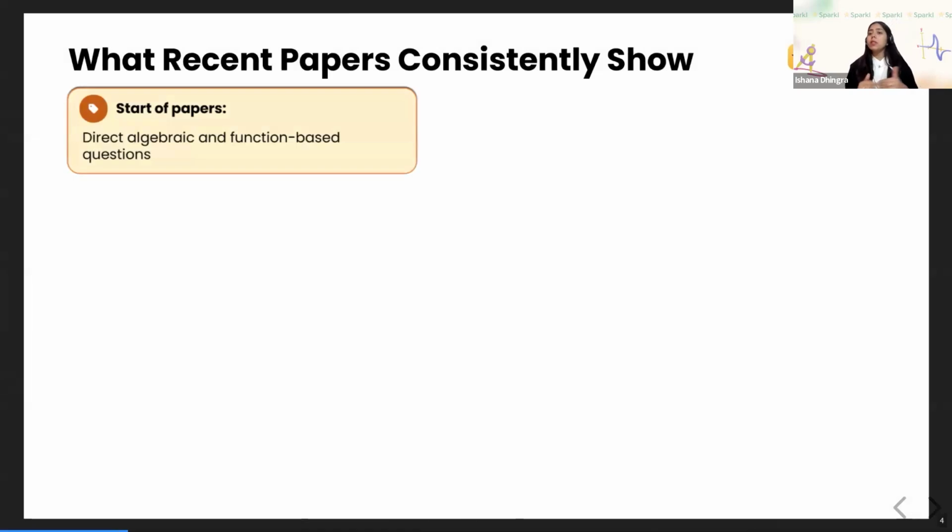Then what recent papers are consistently showing? Again, this is something that I've observed when I was going through different papers. The starting questions were direct algebraic and function based questions. Okay, so as I said, something that you can do very quickly, but again you have to be very careful because those quick calculations, those quick things often lead to some mistakes.